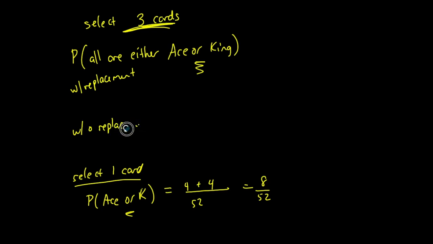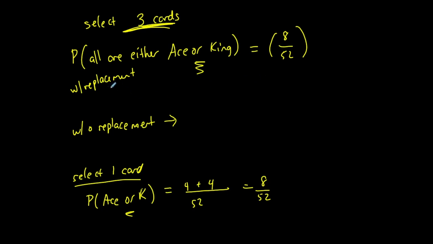So here we go again. I'm selecting 3 cards. What's the probability that all 3 cards are either ace or king with replacement, independent events? Well, the probability that each one of these cards is an ace or a king is 8 out of 52. I did that first. So 8 out of 52 is the probability that the first card is either an ace or a king.